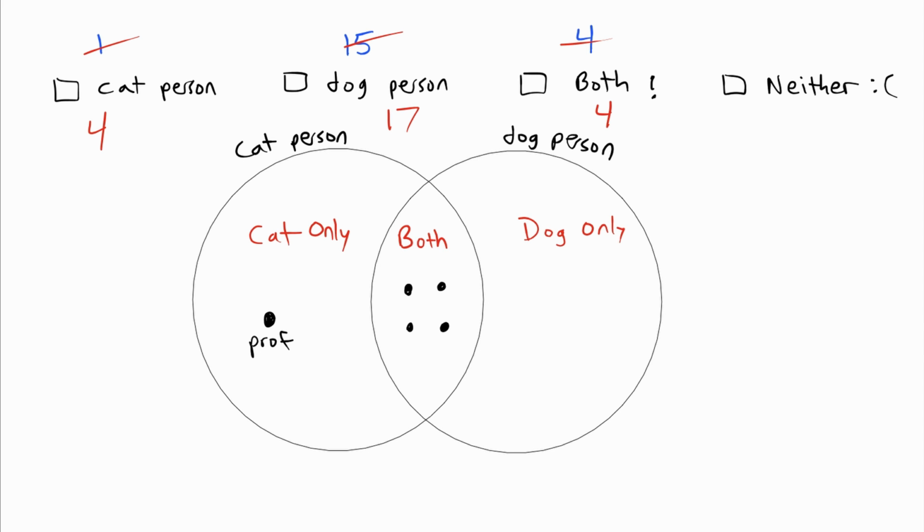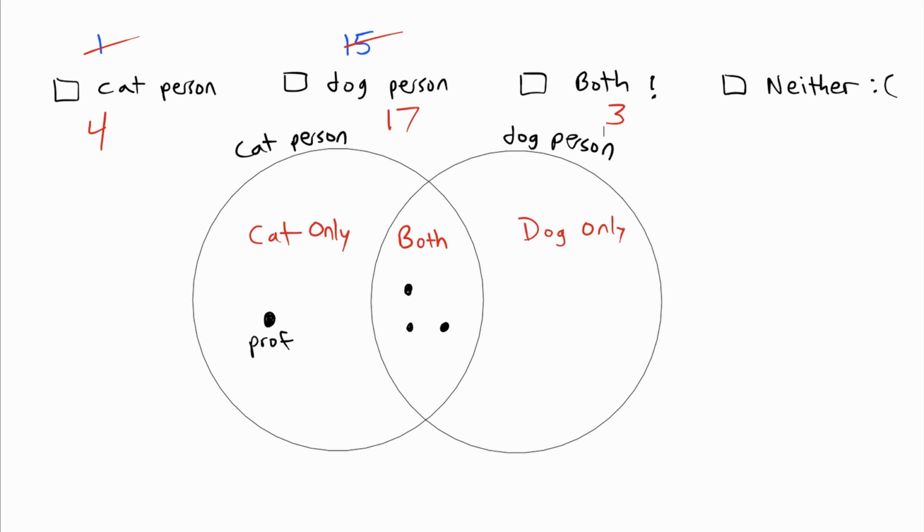Okay, 4 for cat. How many are for both? Cat and dog. 1, 2, 3. That's better. All right. So let's put 3 here. We will erase one of these.